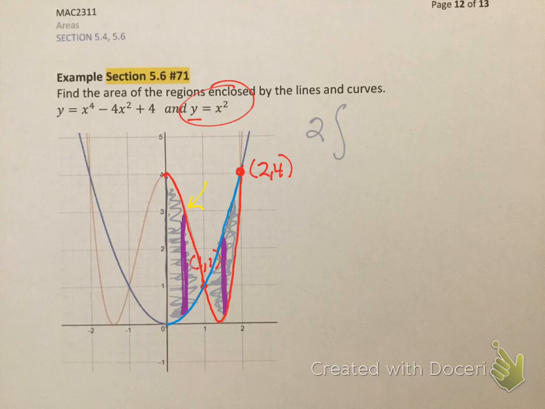And then when I get over here, the top of the purple representative rectangle is on the blue curve and the bottom of the representative rectangle is on the red curve. I have to have two integrals. All right, I need a yellow one and I need a green one.